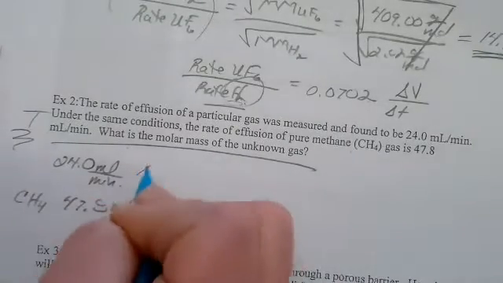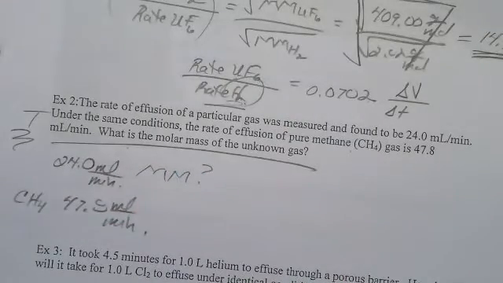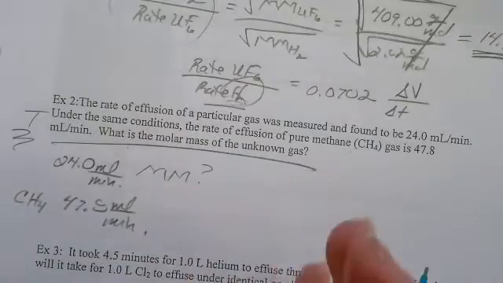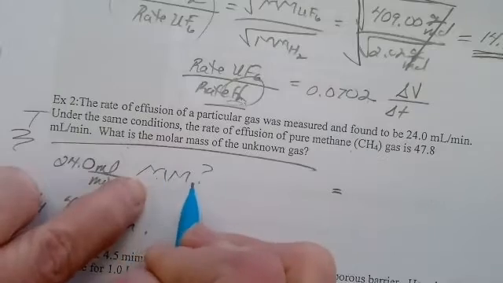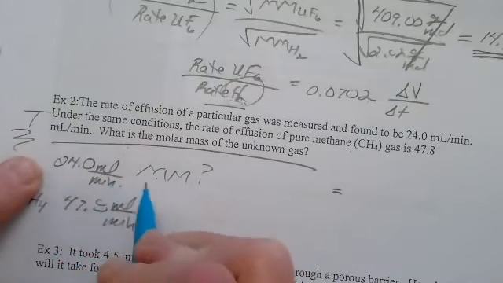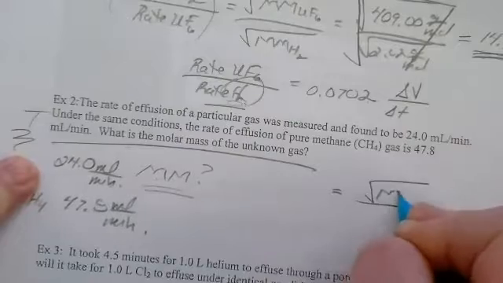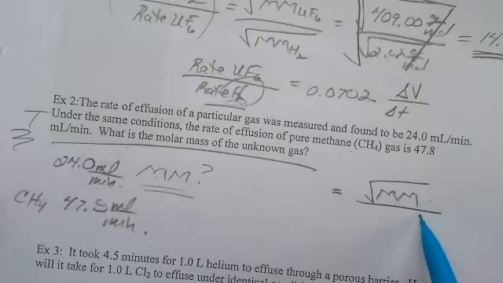What is the molar mass of this gas? It's really up to me to set up the equation how I want. But I know I want to find molar mass of this unknown. So I'm going to choose to put my unknown molar mass in my numerator. That's just going to probably save me a step of algebra, that's all.